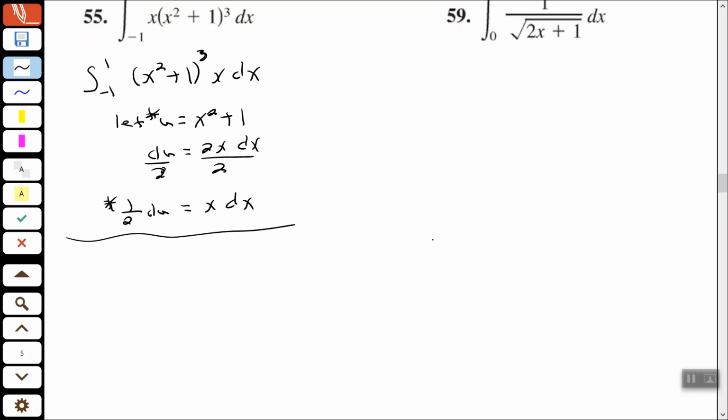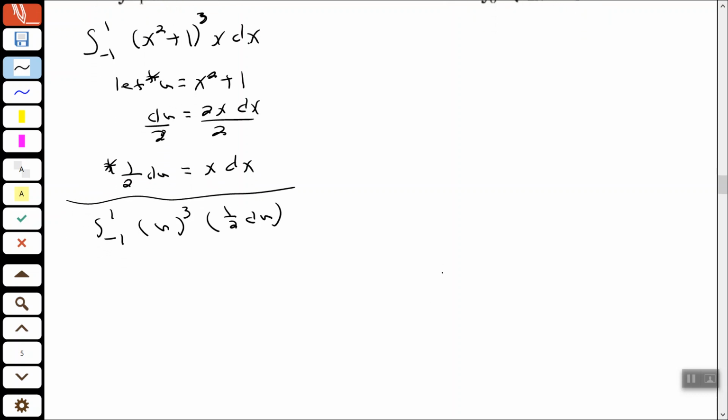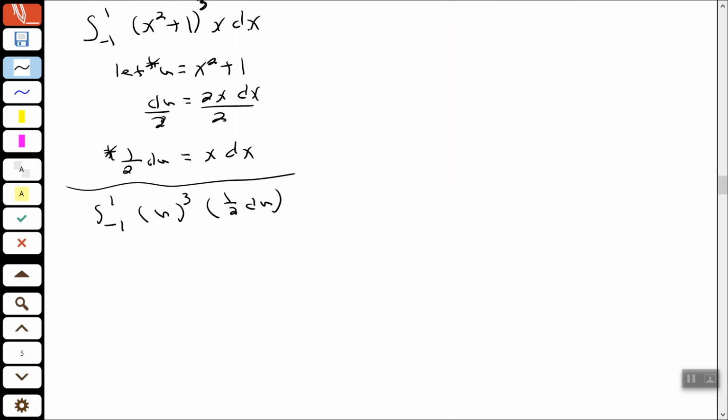Now I can write this integral in terms of u, keeping in mind that x dx is equal to 1/2 of du. Bring the 1/2 out front.